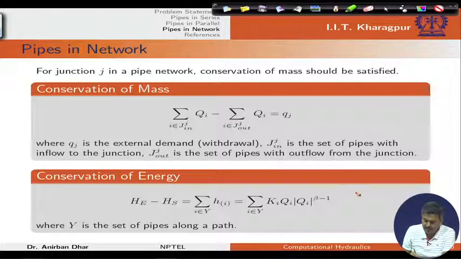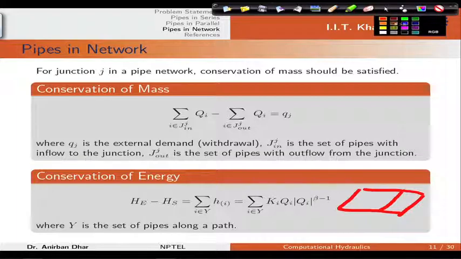Let us say this is our network, we are talking about these 2 points. So, we should follow some path, and along this path there should be a difference in head, and that difference in head is nothing but the total friction loss from the pipes.